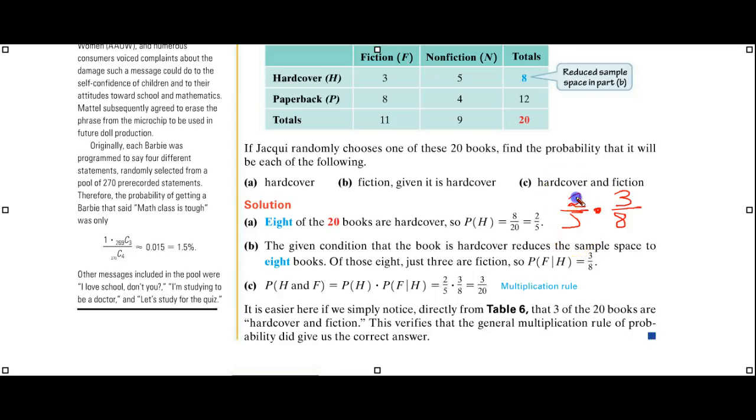But notice we can do a little cross-canceling here. 2 will go into there once, 2 will go into there 4 times. So now we end up with 3 out of 20 as our probability. And here they're saying this verifies the general multiplication, that out of your total collection of 20, there are 3 hardcovers that are fiction, which is what we got.